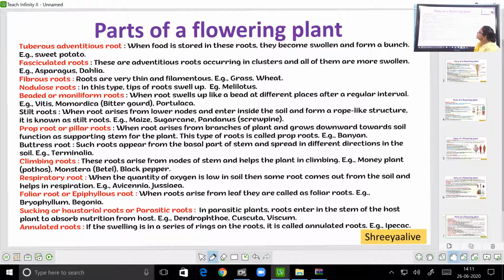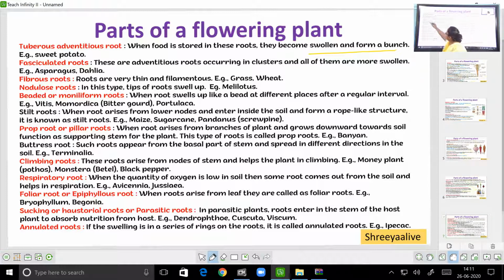Example is tuberous adventitious root. What are tuberous adventitious roots? When food is stored in these roots, they become swollen and form a bulge. For example, sweet potato, where starch is stored as food and the roots are underground, present below the surface of the soil. They are called tuberous adventitious roots.